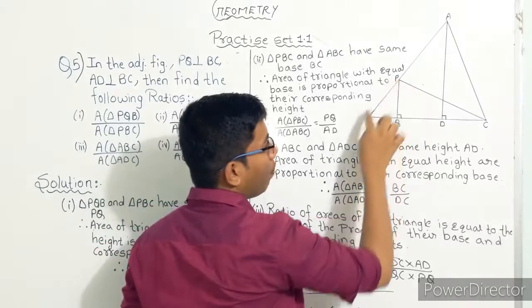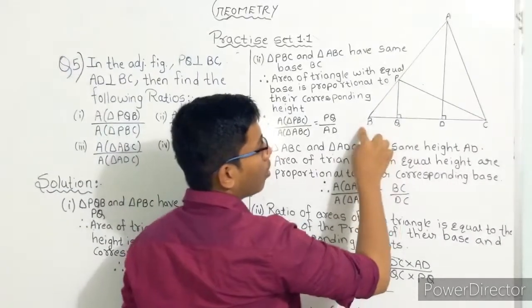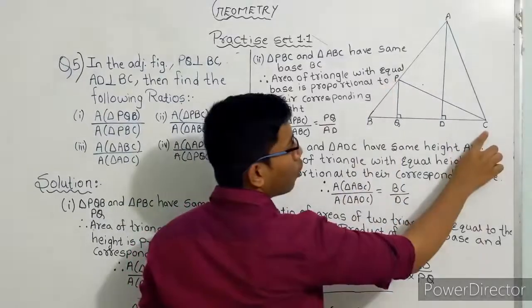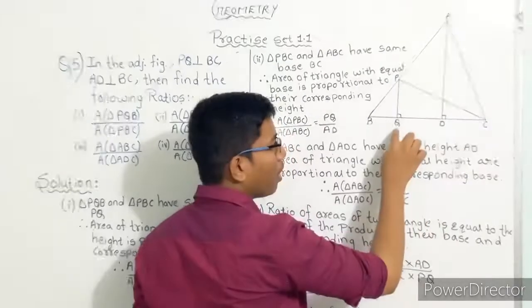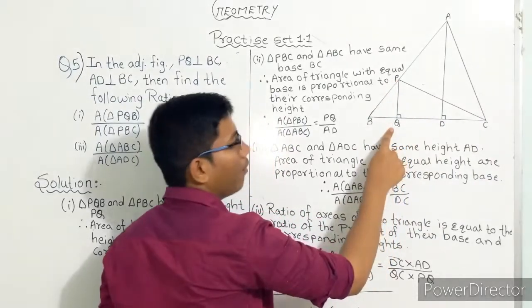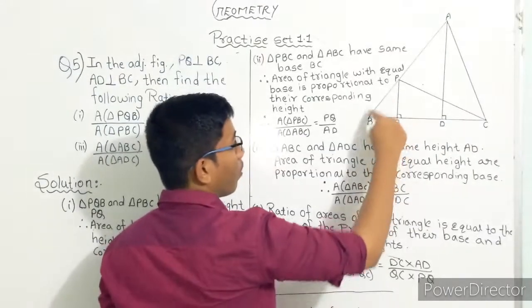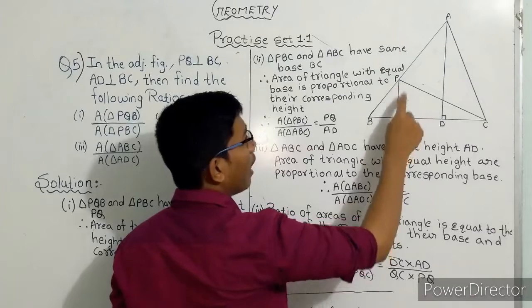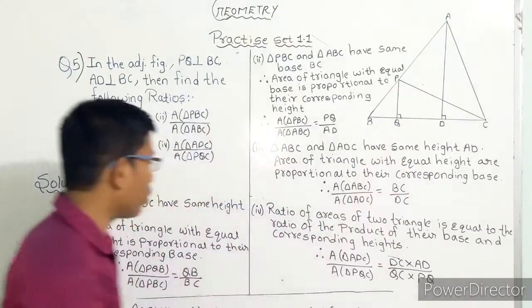As PQ is perpendicular to BC, this PQ will act as a height for both the triangles. So we have seen that PQ acts as a height which is common to both.